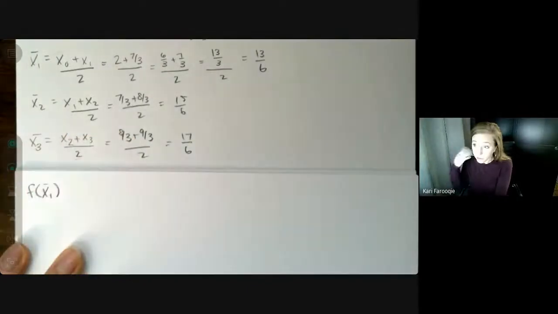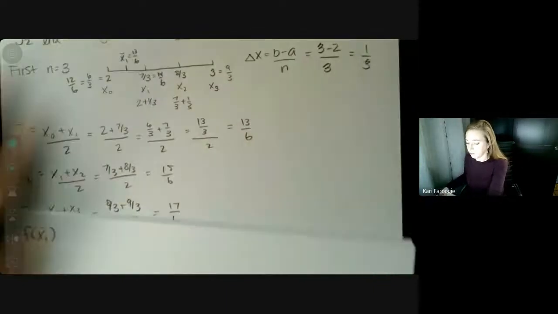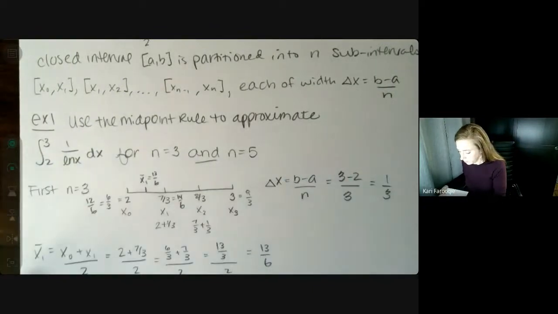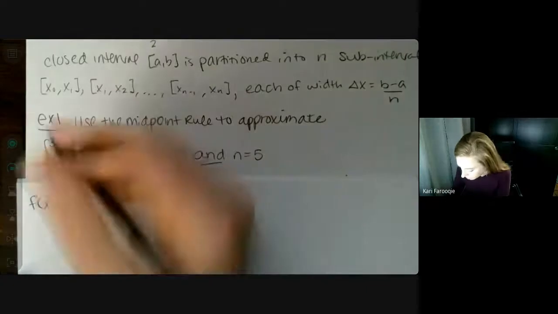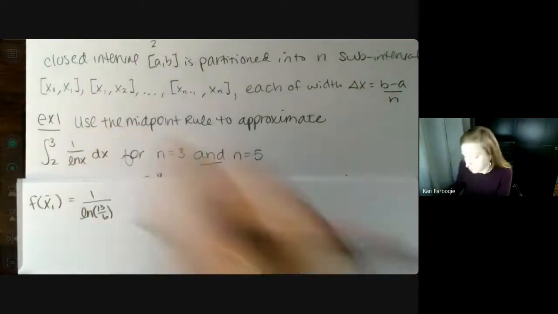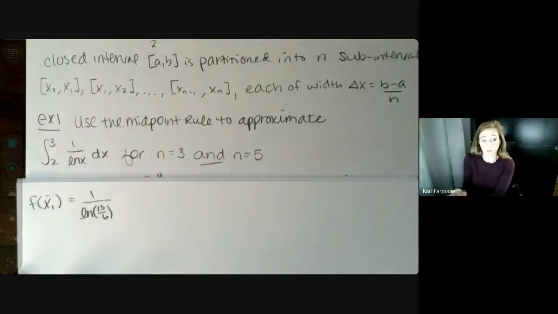Now, because this particular function is 1 over the natural log of x, we can't really evaluate this to much of anything simpler. So when we evaluate f of x sub 1 bar, we're just going to be taking 1 over ln 13/6. I'm basically just writing this down at this point because it's not like there's a trig function where we can evaluate it at pi over 2 or pi and there's anything we can simplify.